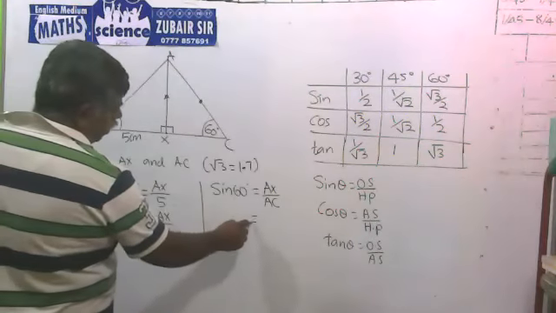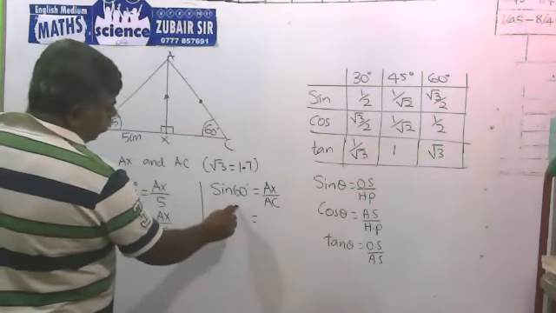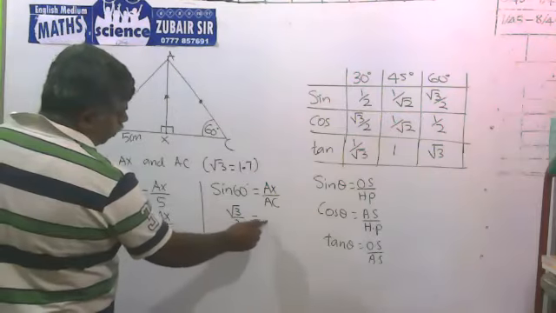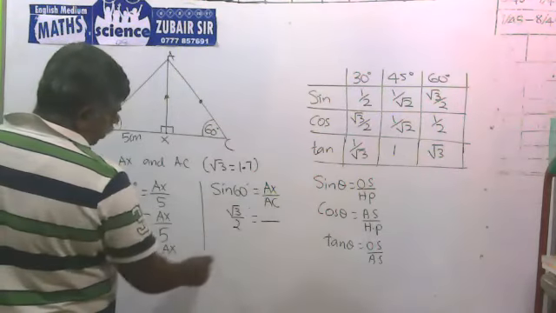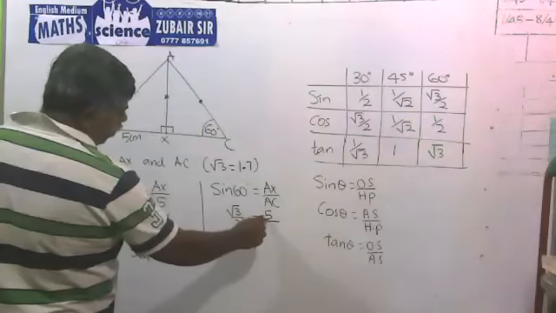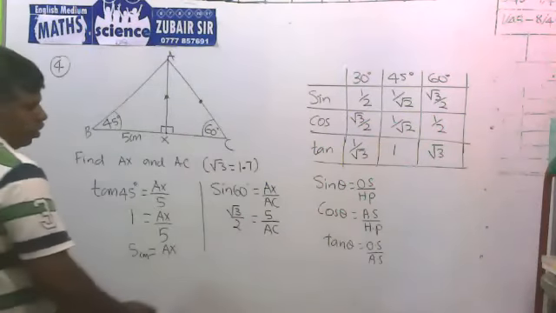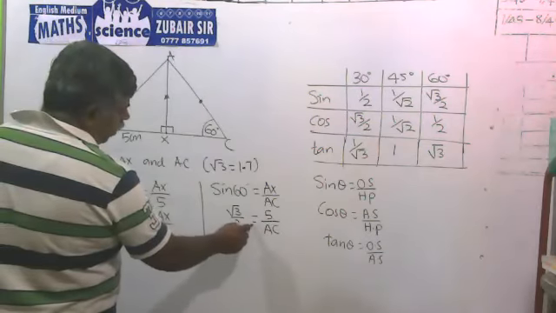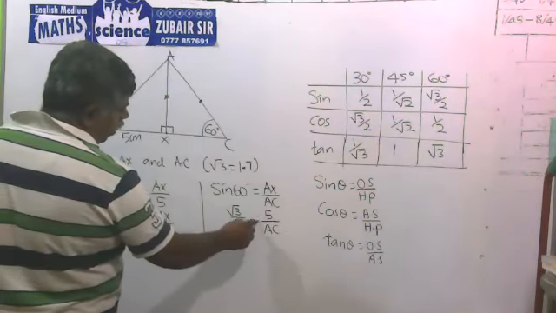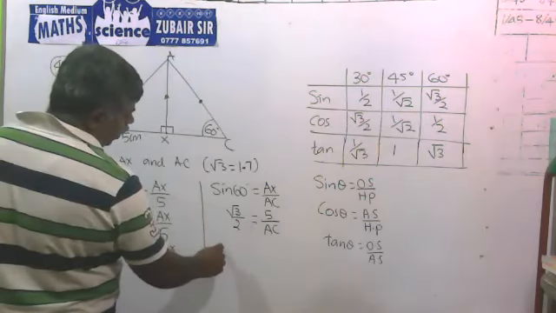Then here sine 60, root 3 over 2, is equal to AX over AC. AX equal 5, AC is to be found. Then we'll do the cross multiplication. When you multiply this way, AC into root 3.